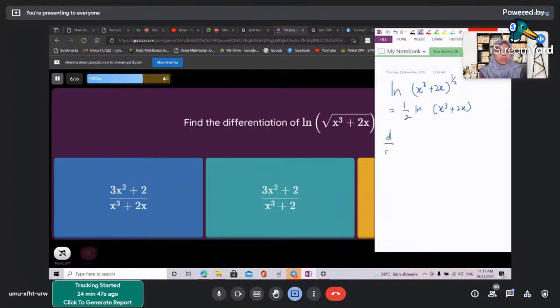Okay, so differentiate 1/2 ln x power of 3 plus 2x. 1/2 is a constant, so the constant will remain. And differentiate ln x power of 3 plus 2x. Okay guys, what is the derivative for ln? 1/x power of 3 plus 2x, and then what else you need to do?